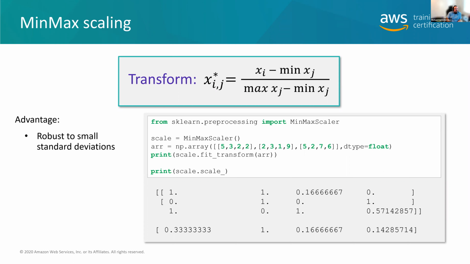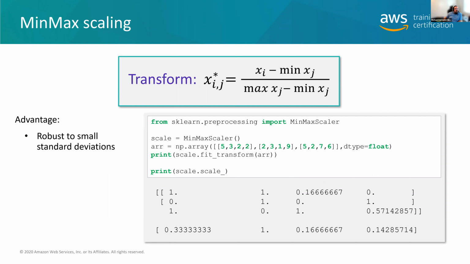You can see some outputs from the arrays there where it's like 5, 3, 2, 2. And then it's just going to scale it down to 1, 1, 0.1666667, and then just 0 at that point. And so it's just going to scale that within the range between the maxes and the mins.